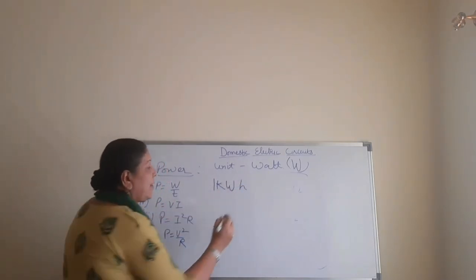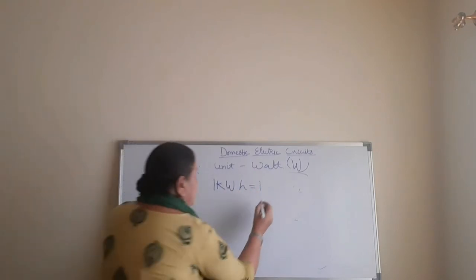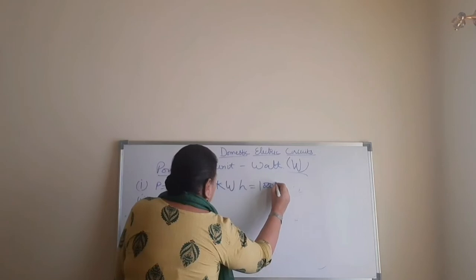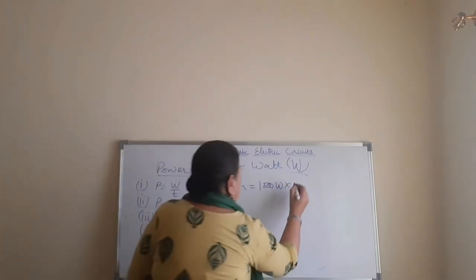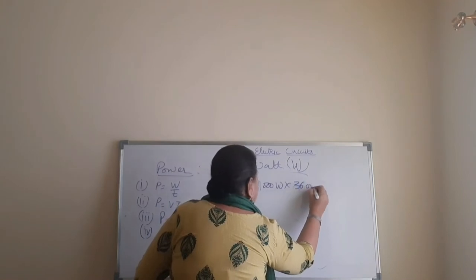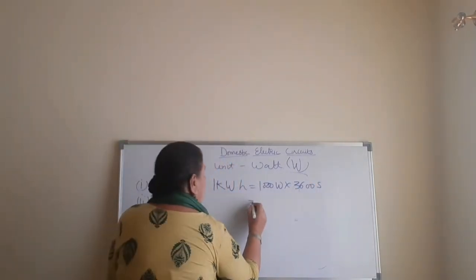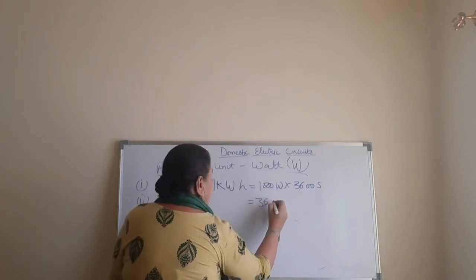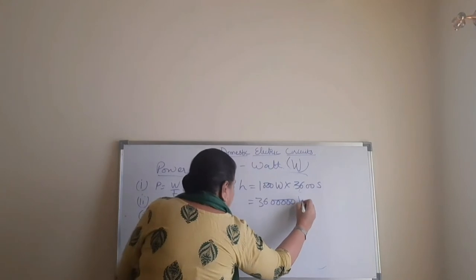So what is that? 1 kilowatt hour means 1000 watt into 1 hour, which means 3600, 60 into 60, that is 3600 seconds. And this is equal to 36 with 5 zeros, watt second.